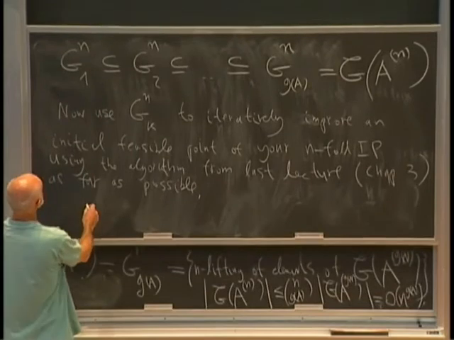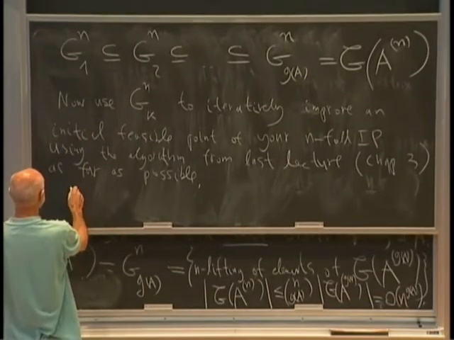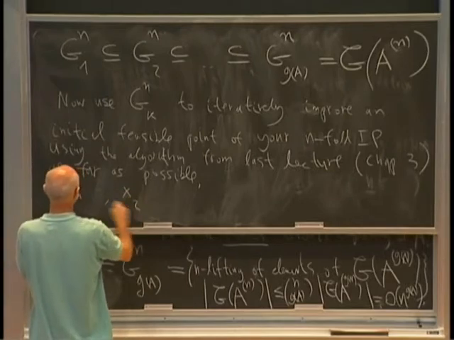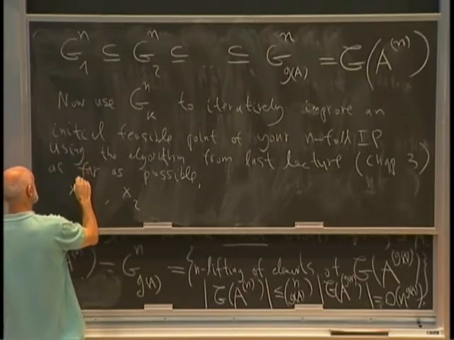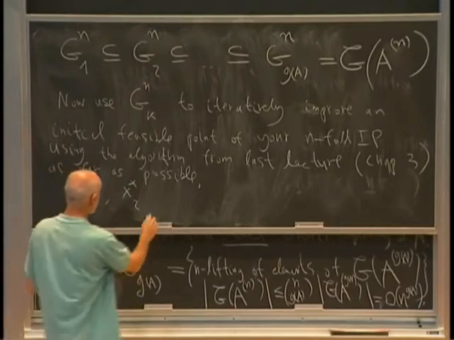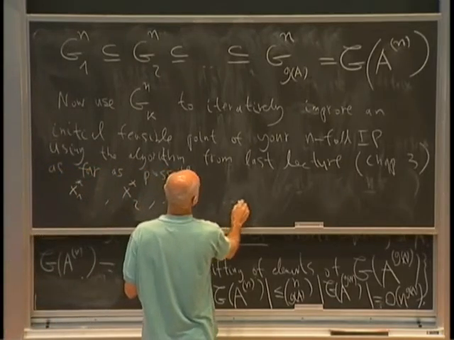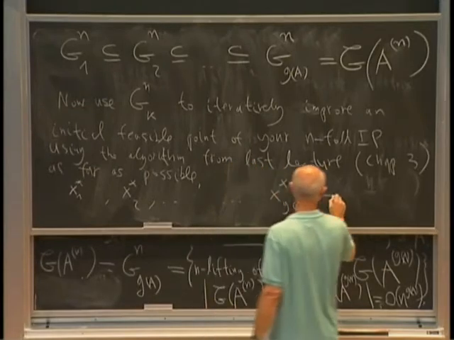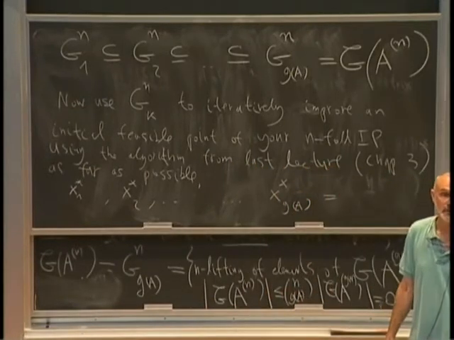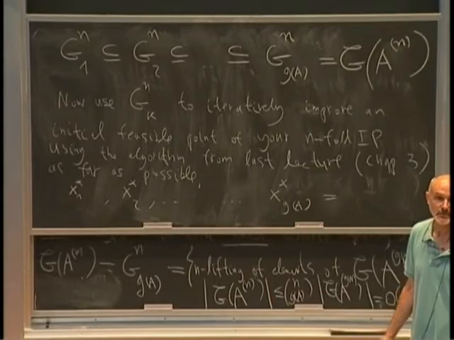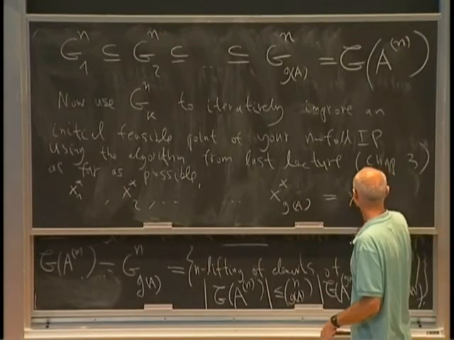So you get a sequence of points now corresponding to these. Let's call them x_G^k star. These are the optimal ones you get from these programs. And what can we say about them? They approach the real optimal solution, which let's denote by x star.